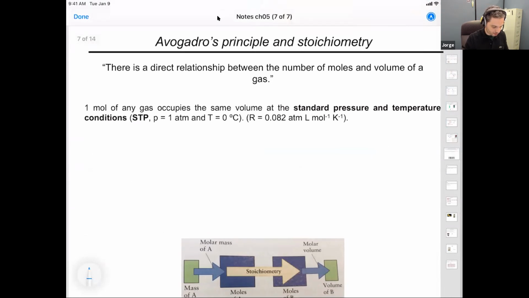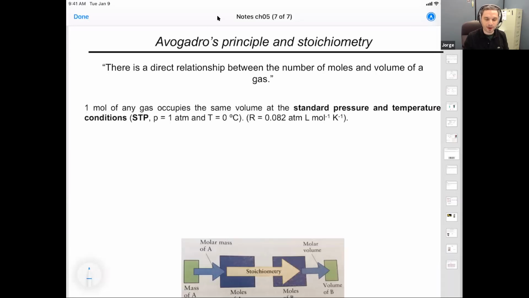Okay, so let's move on and talk about Avogadro's principle and stoichiometry. From now on, things will always circle back to stoichiometry. Avogadro's principle for ideal gases states that there is a direct relationship between the number of moles and volume of a gas.